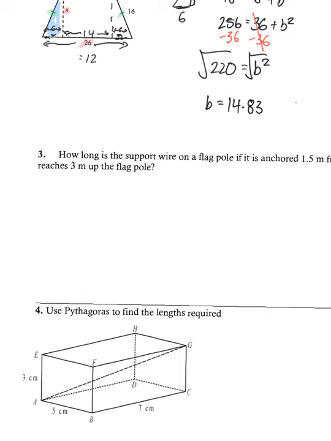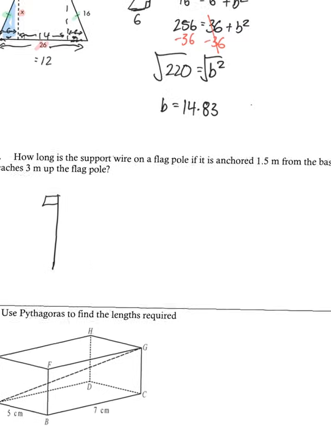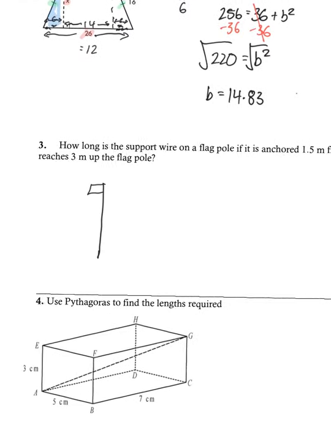So what I've got in this question is a flagpole. I'm going to just draw a flagpole, even put a little flag on it. And it is anchored 1.5 meters from the base.